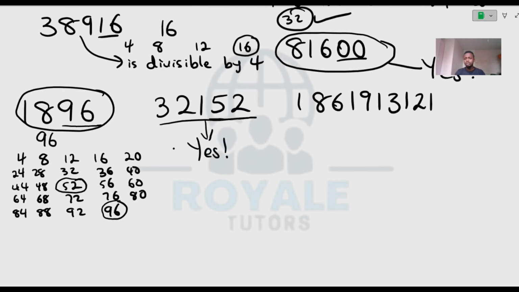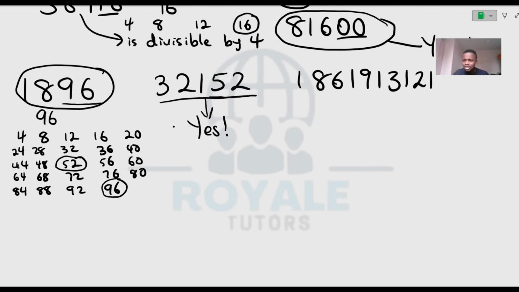Then the next one, oh, what number is this? Let's try to pronounce this. This looks like 1 billion. Oh, a big number. 861 million, 913,121. How could we even have done it if there is no divisibility rule?